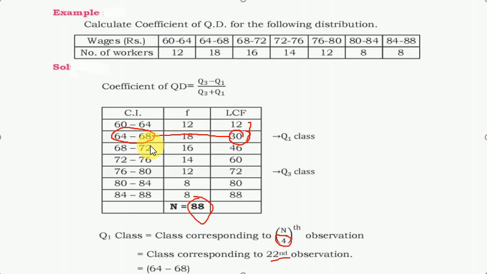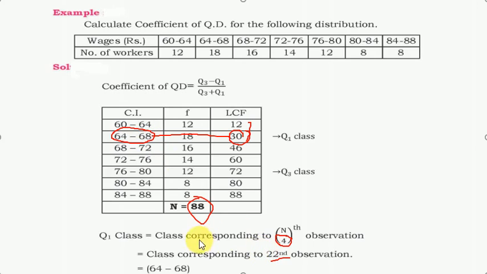It may be 65, 66, 67, up to 68, but not 68 itself. Some wages are given for 18 people, and this number lies somewhere in between 64 to 68.